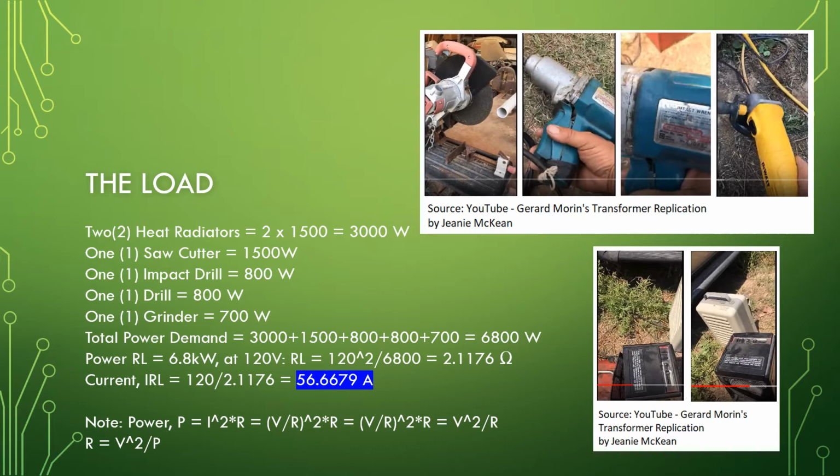Current IRL equals 120 divided by 2.1176 equals 56.6679 ampere. Power P equals I squared R equals V divided by R, squared, times R, equals V squared divided by R. R equals V squared divided by P.